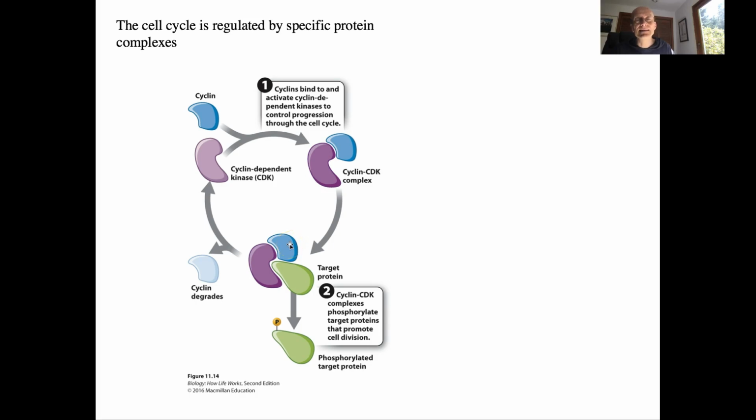A kinase is an enzyme that transfers a phosphate group to another protein. Kinases are a large class. This is a particular kind of kinase that transfers a phosphate group to another protein, in this case a protein that promotes cell division or works in the cell division cycle. So cyclins and cyclin-dependent kinases regulate the cell cycle.